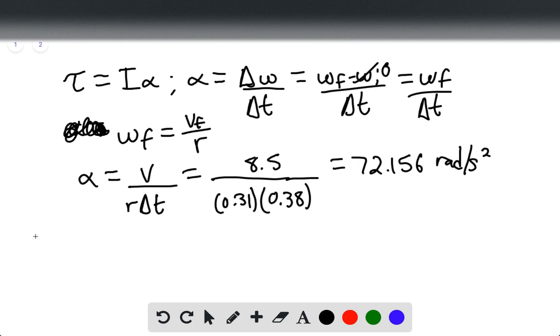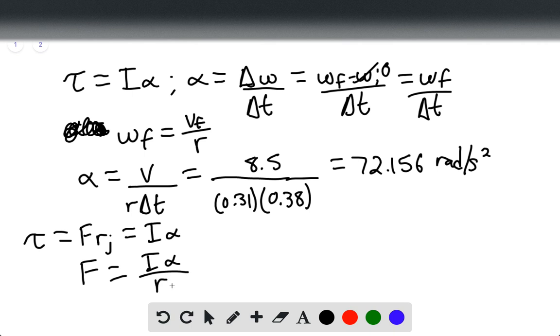So we know that the torque equals F r_j, so force times the radius of the joint, and the torque also equals I alpha. So that means that the force is simply going to be I alpha over the radius of the joint, lowercase j.